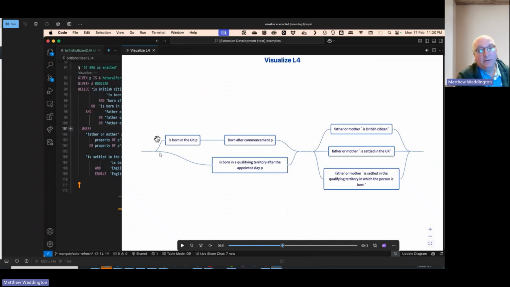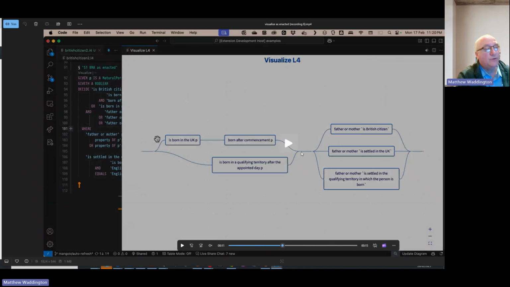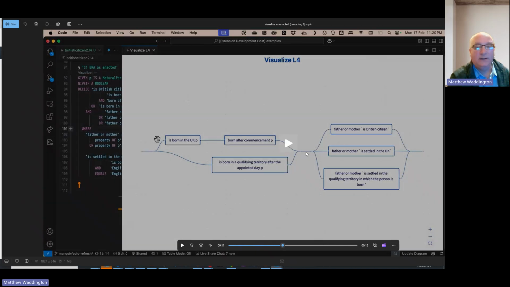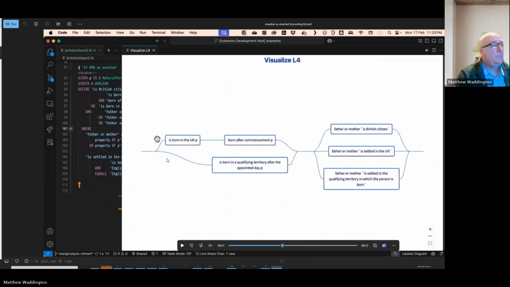Where the track parts, splits, that's an or, if you like. So these are alternative routes. And then these are alternative routes. Where the track comes together and you're moving on again, you've got to get through this, and then you've got to get through that. So this is an and, if you like. So it's quite an intuitive way of representing the relationship between the different elements that are in the legislation.